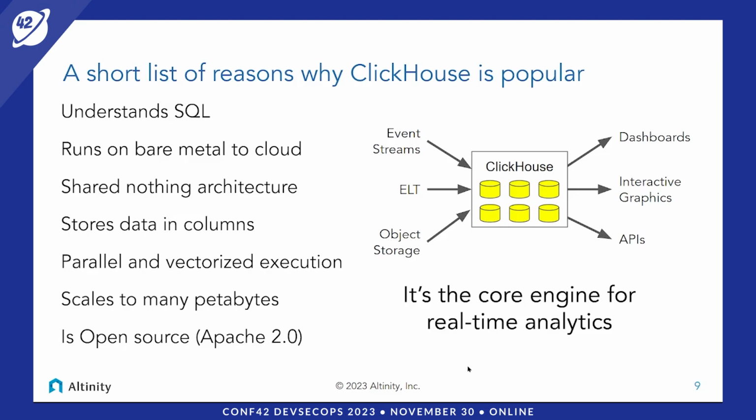It can also parallelize execution very well, so that the data is organized so it can be read quickly, and then it can read from many locations in parallel, and it scales to many petabytes. So these are all good reasons why ClickHouse has become a core engine for real-time analytics across the use cases that I mentioned. Let's look at some of the details that are relevant for observability and monitoring.